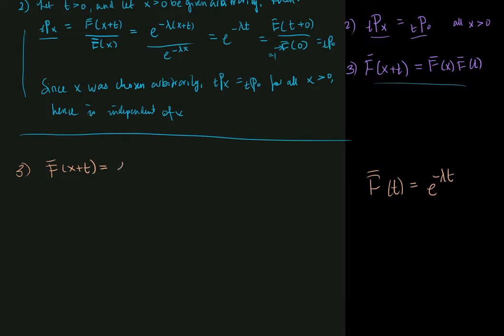So this is equal to e to the minus lambda times x plus t, and this is equal to e to the minus lambda x multiplied by e to the minus lambda t. And that is equal to, respectively, the survival function in x and the survival function in t. Very nice.